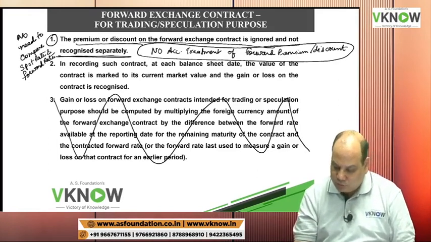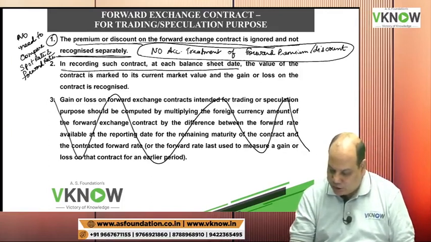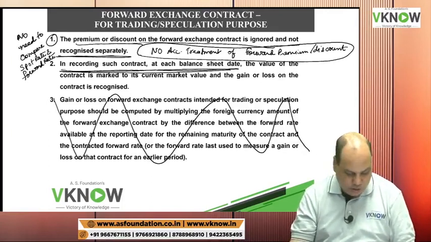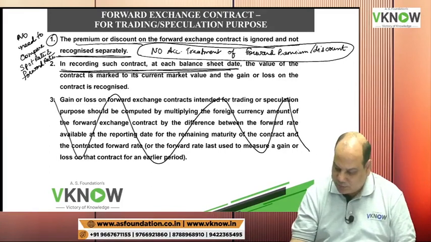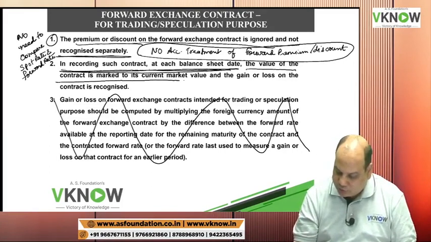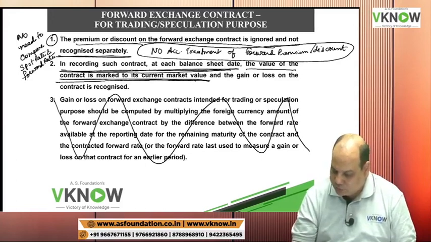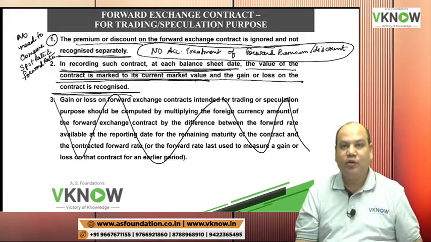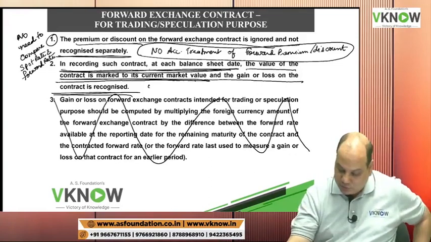But then what will you do? On every reporting date, on year ending date, at each balance sheet date, the value of the contract is marked to current market value and the gain or loss on the contract is recognized. This is important.